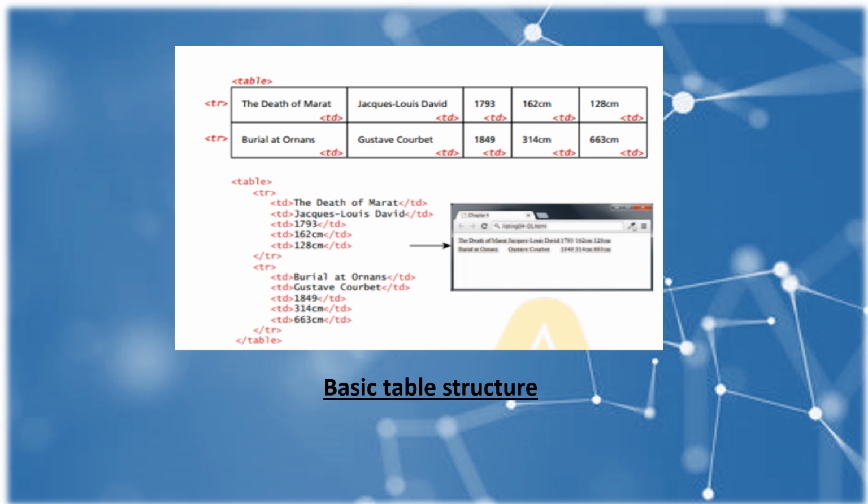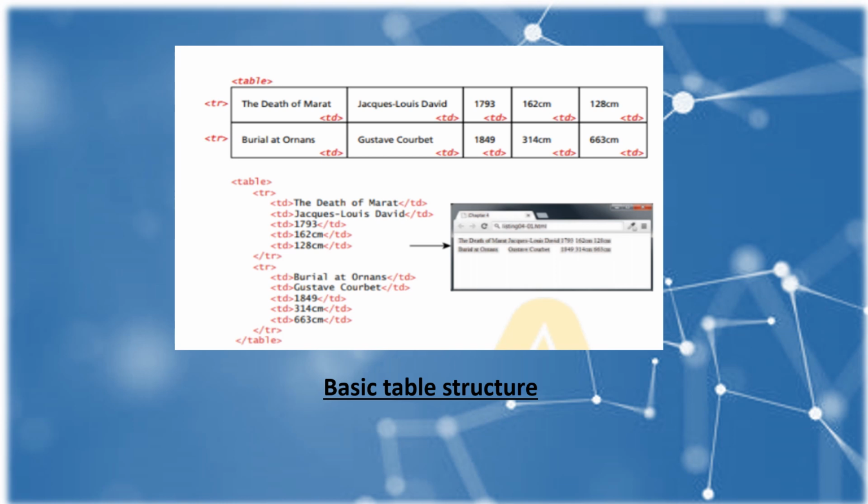The diagram represents the basic table structure. It includes the table and the columns as well. TR represents the table row, whereas TD represents the table data cells. Here is the program which indicates the basic table structure.